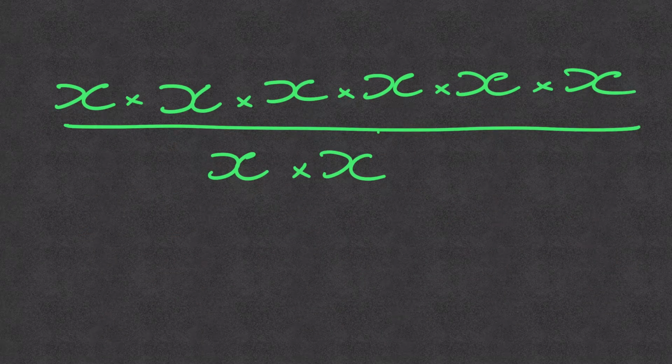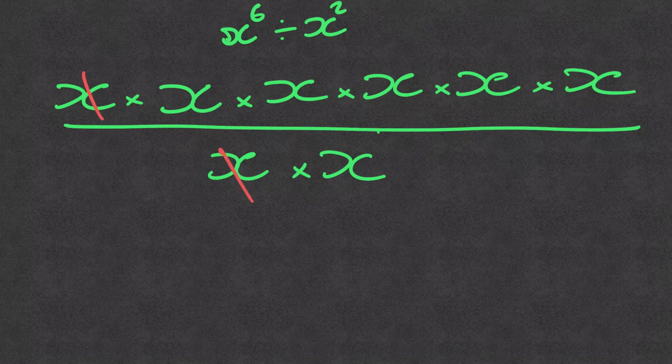The last term, when we were cancelling fractions, this would have originally been written as x to the power of 6 divided by x to the power of 2, and we've rewritten it like this: 6 x's on the top and 2 x's on the bottom. Remember, if there was an x on the top and an x on the bottom, we cancel it.